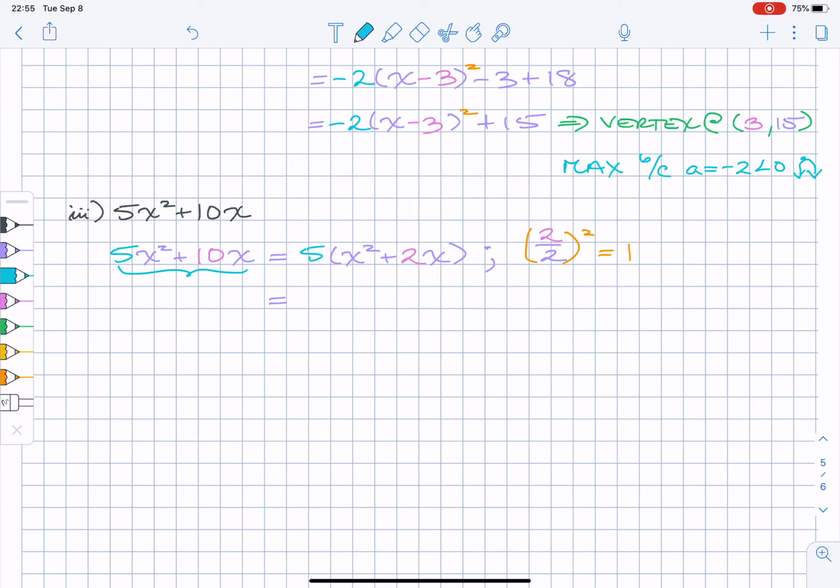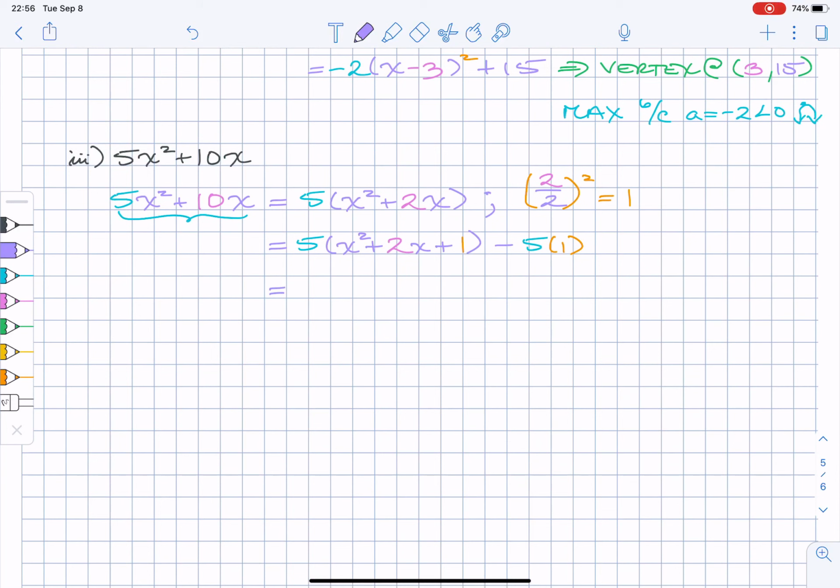So this will now be 5 times the quantity x squared plus 2x plus 1. But I need to subtract the lead coefficient times what I added in on the outside. So what does this give me? Factoring this perfect square trinomial, this gives me 5 times x plus 1 quantity squared minus 5.